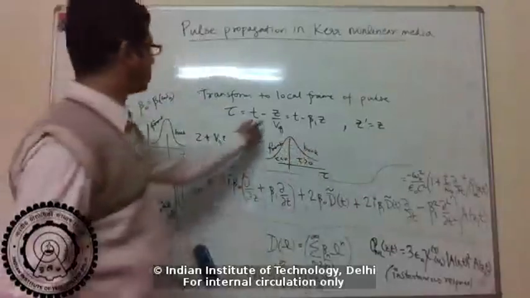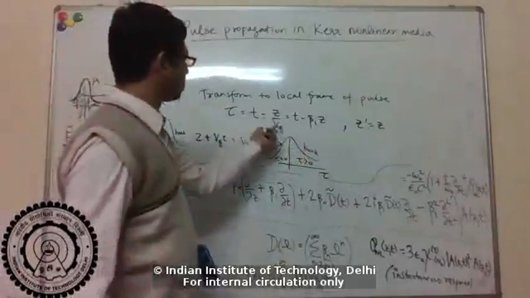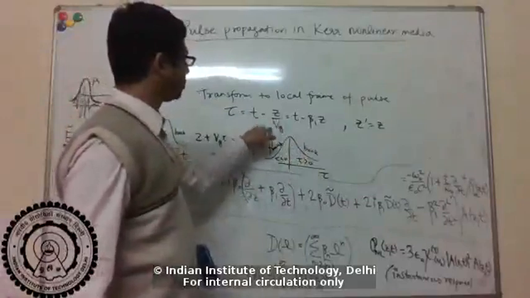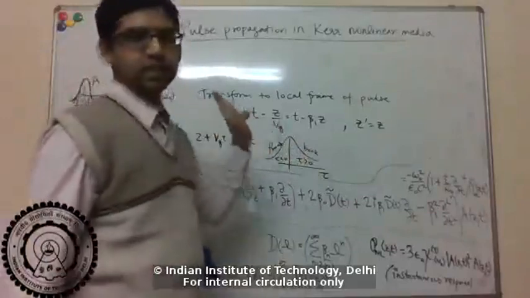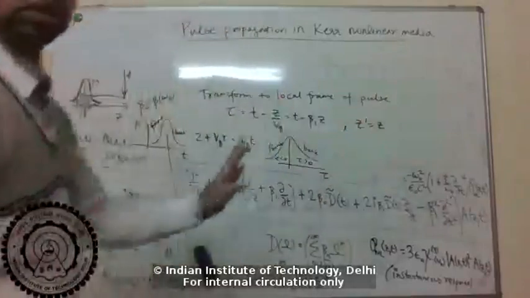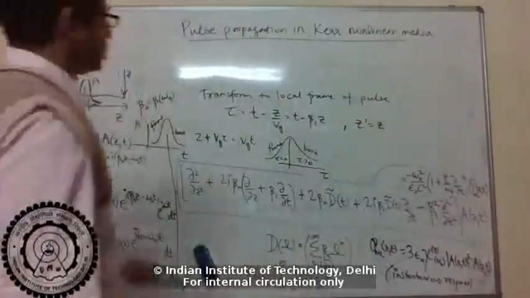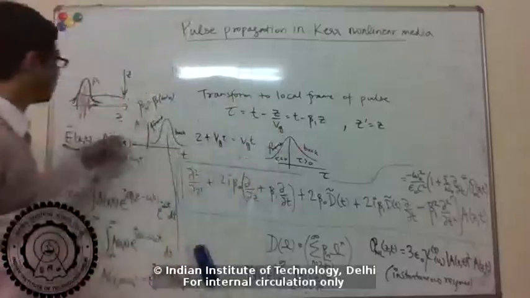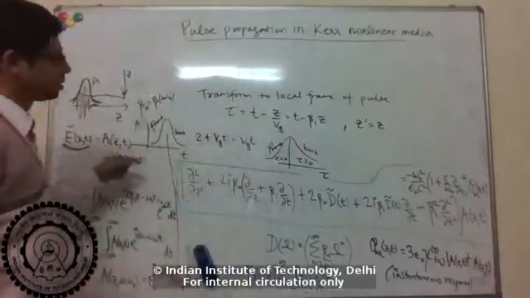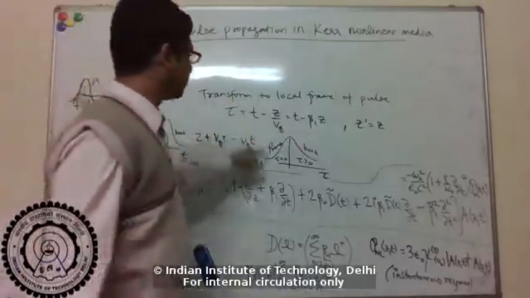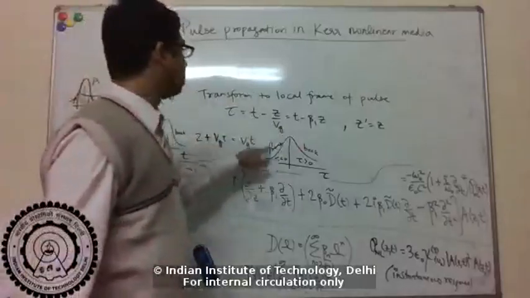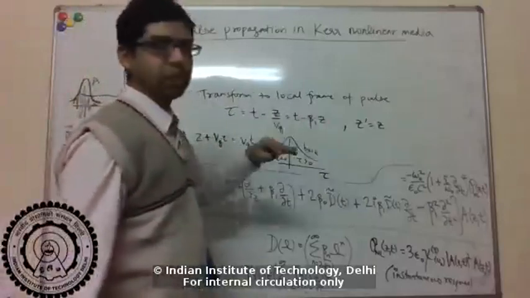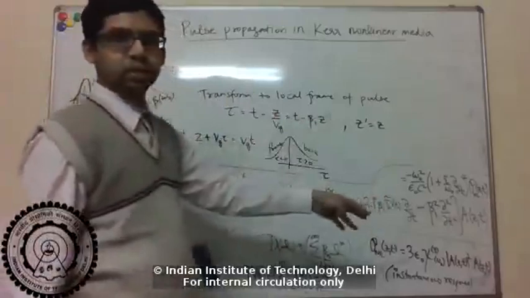Because Z equal to Vg t is the center of the pulse, times earlier than the center of the pulse are the front of the pulse, which means tau is less than 0, and times after the peak of the pulse are the back of the pulse.